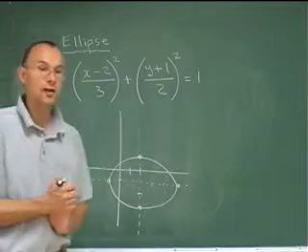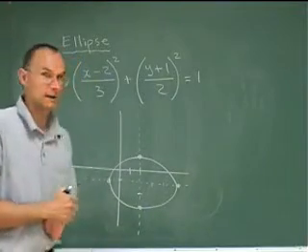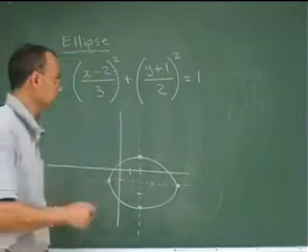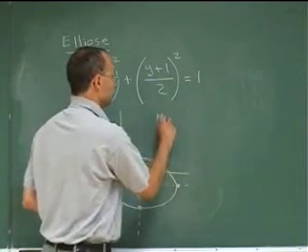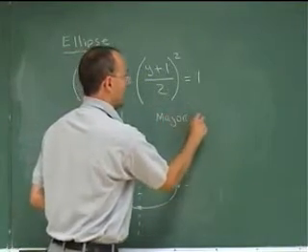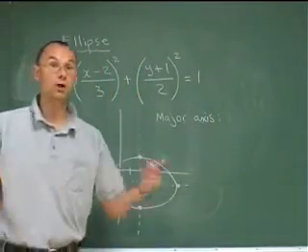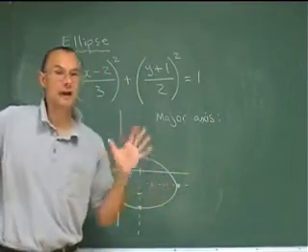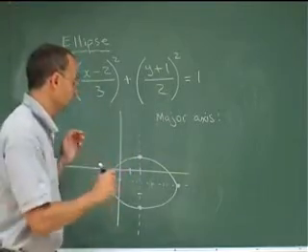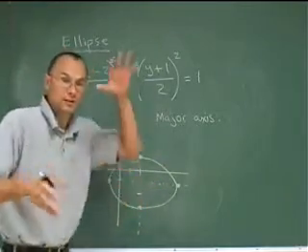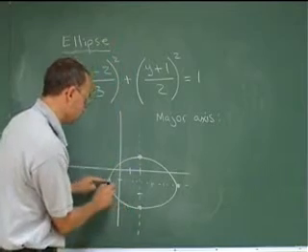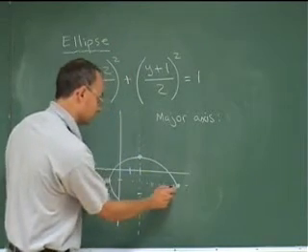Now, they're going to ask you for things, they being the people who test you. They're going to ask you to identify the major axis. The major axis is the longest one. It's kind of like saying the longest diameter. An ellipse has different diameters, and the longest possible diameter is this one here.